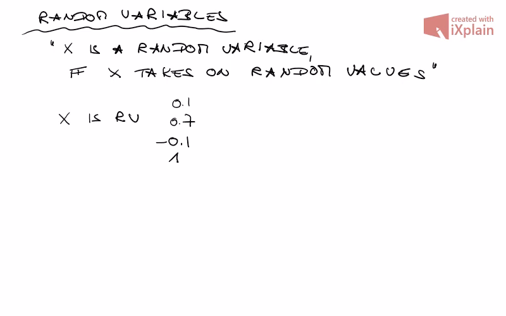If we start with what we will later call discrete random variables, which will be associated with the concept of probability mass function, then we can write something like that.